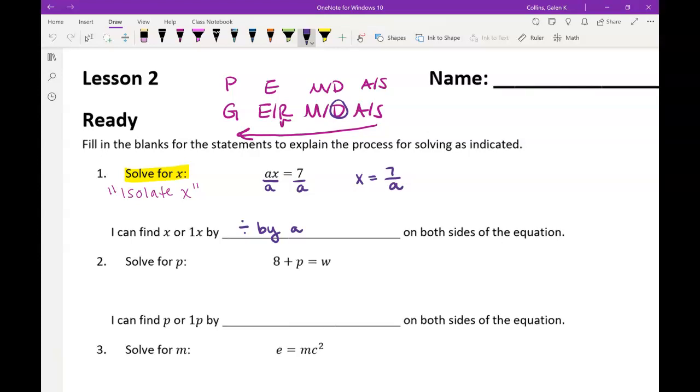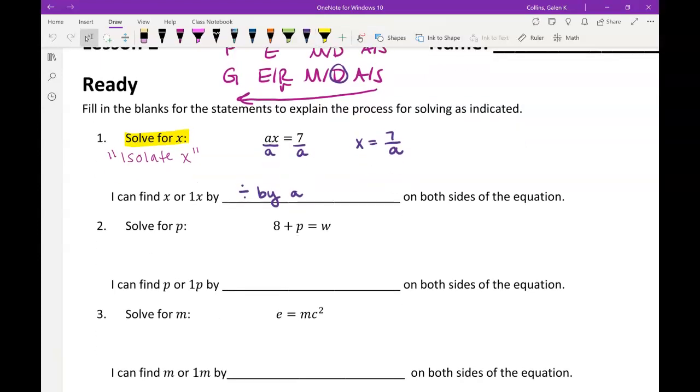All right, so as I'm looking at this, I don't think we actually have to solve the equation, but sometimes it helps me to do so. So for number 2, if I want to solve for p or isolate p, I need to undo what is being done to p. So if I look, the number 8 is being added, and so the inverse of addition is subtraction.